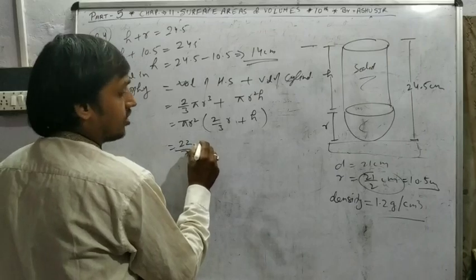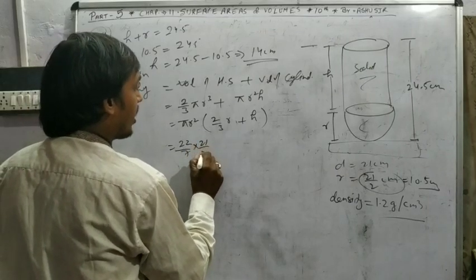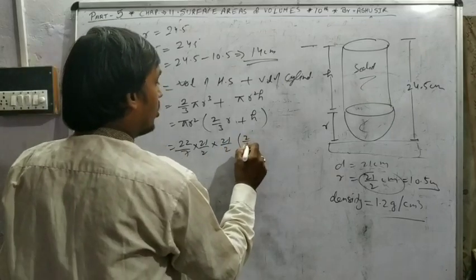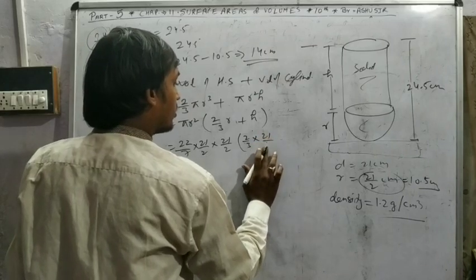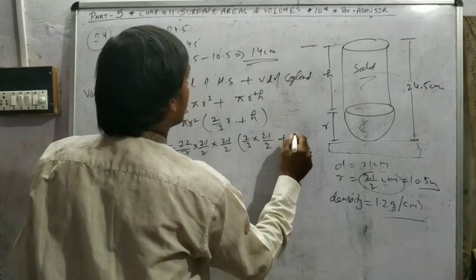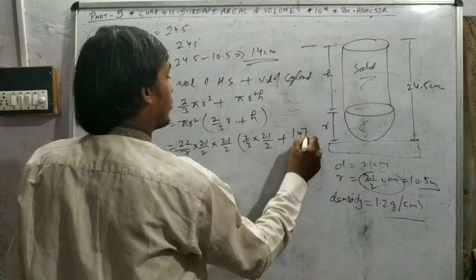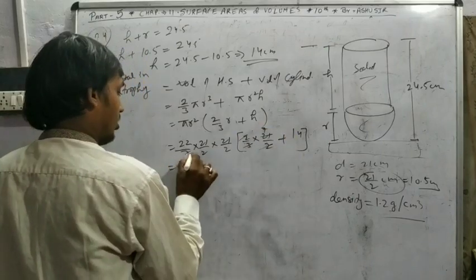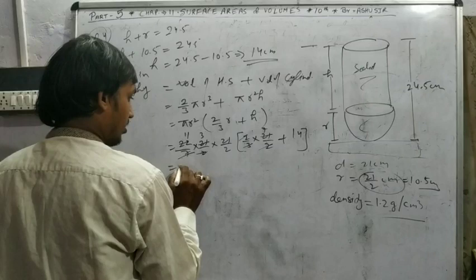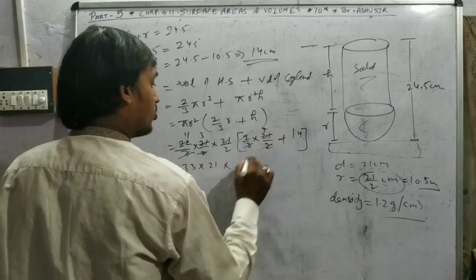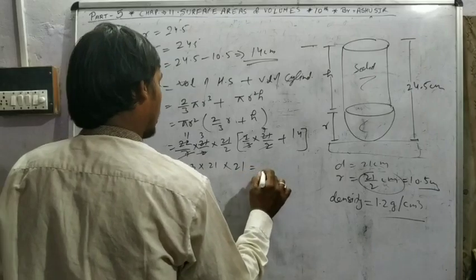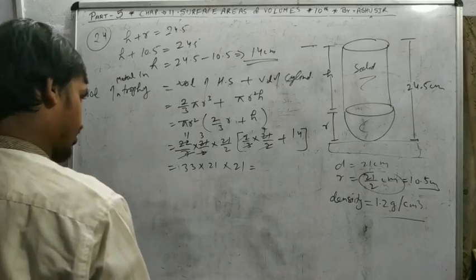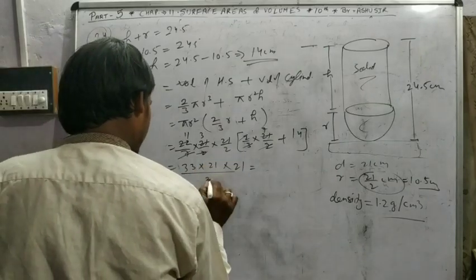Pi is 22 by 7, r is 21 by 2, so 22 by 7 into 21 by 2 into 21 by 2 into 2 by 3 into 21 by 2 plus h. H is 14. 2 cancel, 7 times 3 is 21, 11 times 3 is 33, so we get 21 into 21 into 33, and this 2 remains.